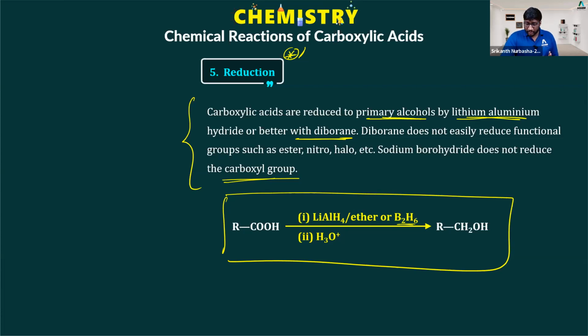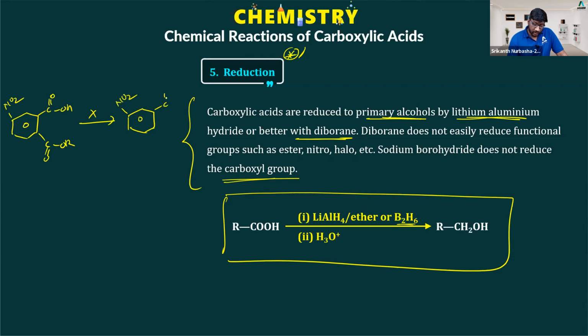So we can understand with the help of diborane that carboxylic acid groups can be reduced. Like if I have a compound with NO2, C double bond OH, and C double bond OR, and I am treating with some compound X, which forms the product with NO2, the acid converted to CH2OH, and C double bond OR unchanged.